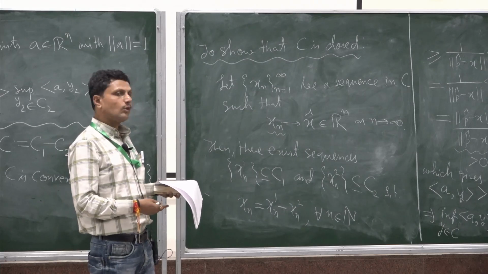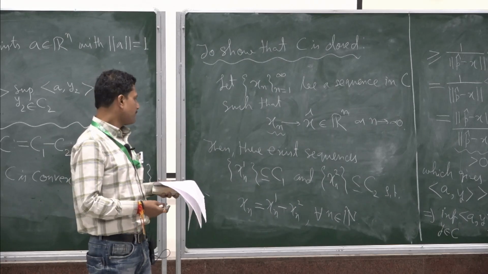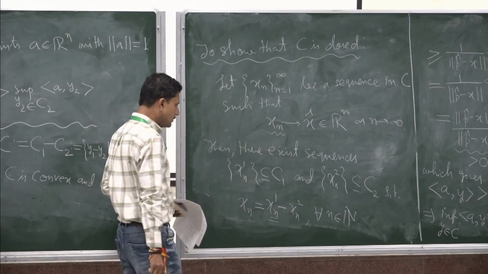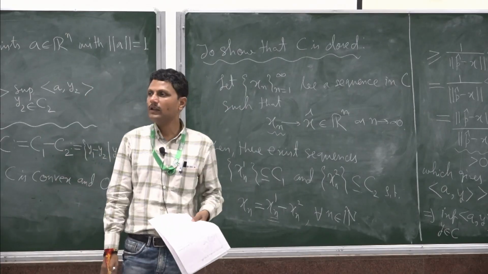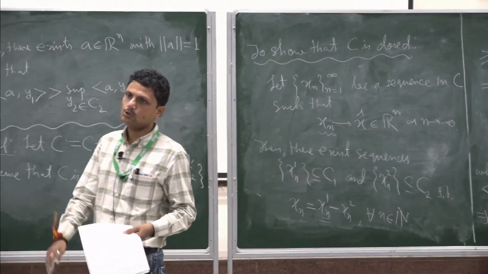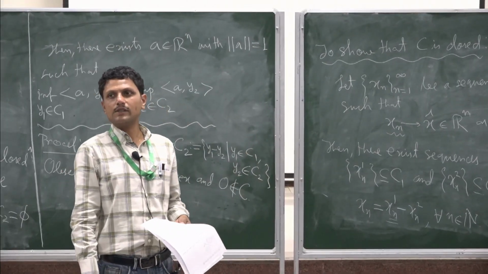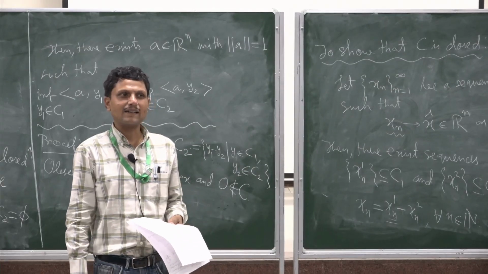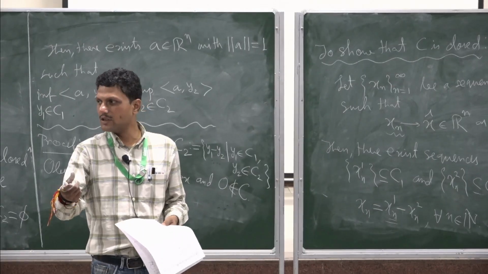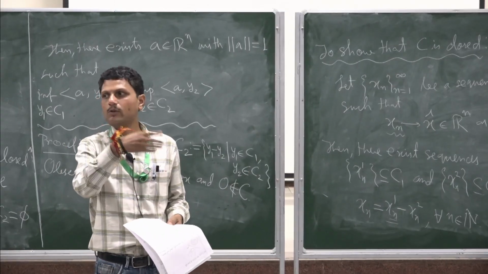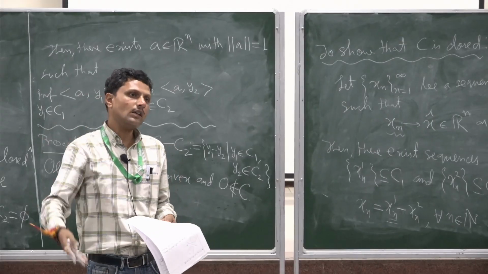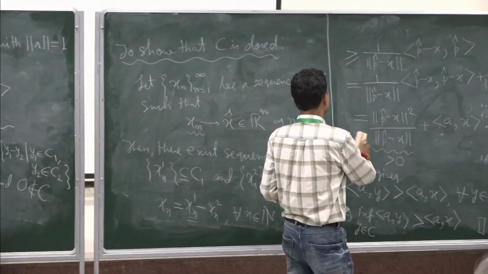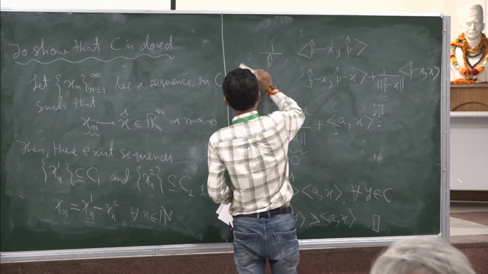Since C1 is bounded, right? xn1 is a sequence in C1 and xn2 is a sequence in C2, but it is not necessary that these sequences will be convergent. xn is convergent, but xn1 may not be convergent, and xn2 may not be convergent.